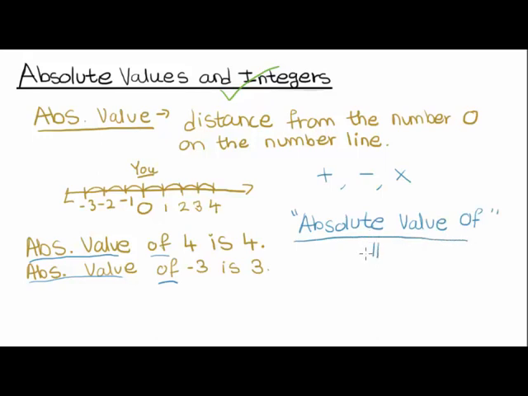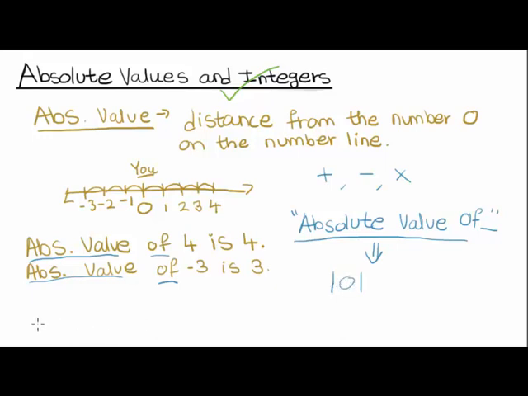Translates to this symbol right here, okay? And the symbol is just 2 lines. And whatever, so 4 or whatever, that number or that expression or anything will go inside the 2 lines.